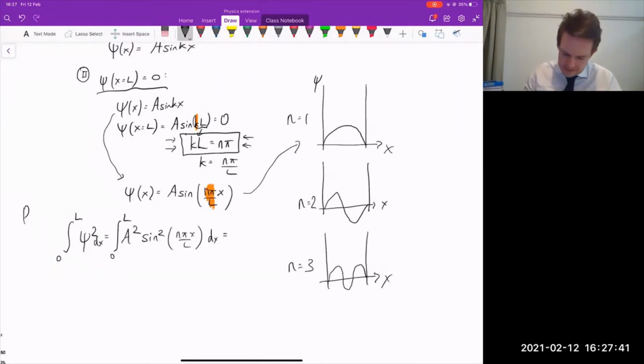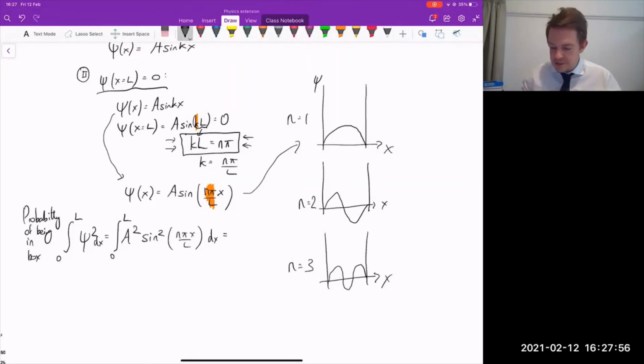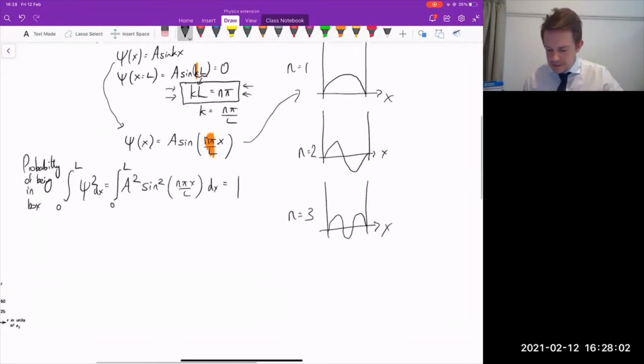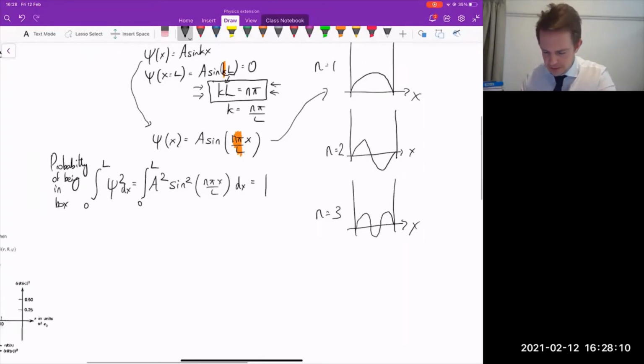If this is probability, this is the probability of being in the box. What does that have to equal? 1. That has to be 1, because I've already said there's no chance of the particle escaping. Again, we can work out now what A is, in order to have something called a normalized wave function.